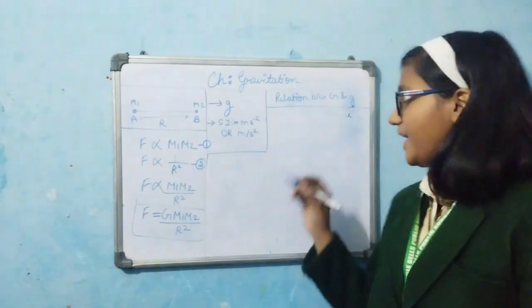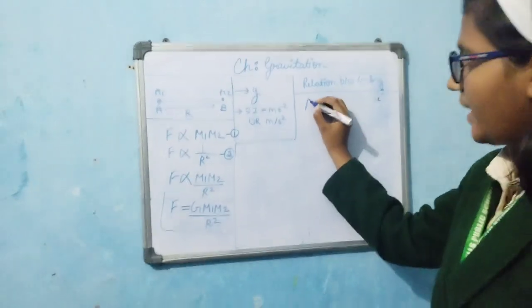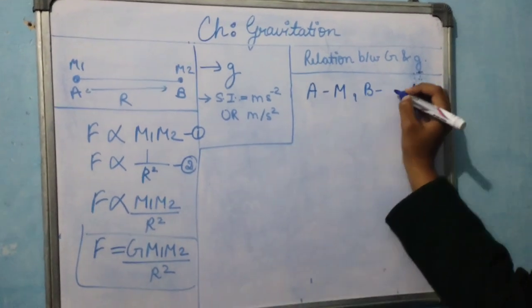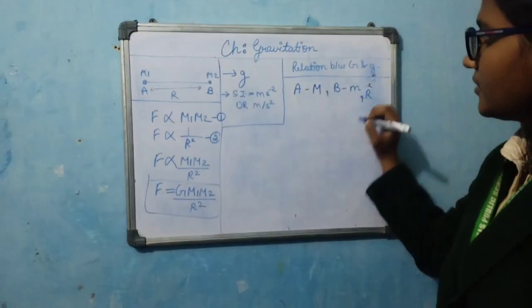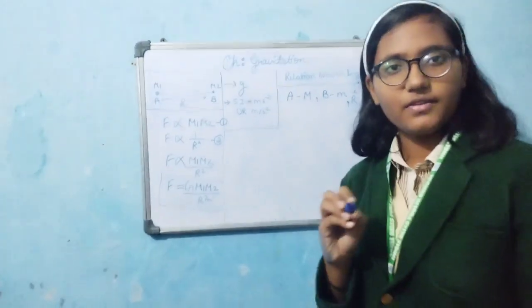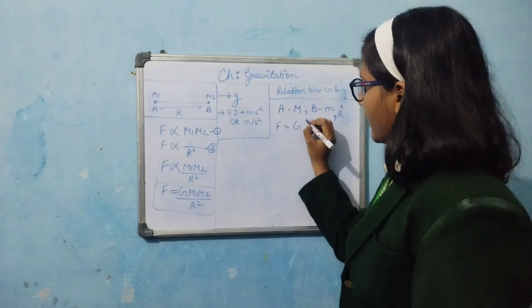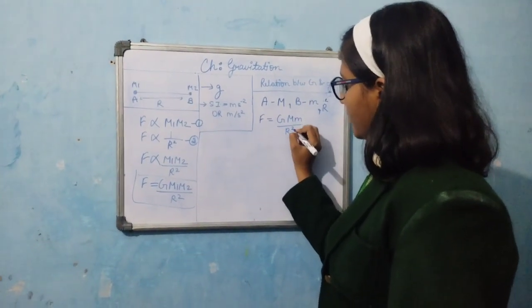Now let's talk about the relation between capital G and small g. There is a body A with a mass capital M and a body B with a mass small m. The distance between them is r. According to the universal law of gravitation, F is equal to G M m by r square.